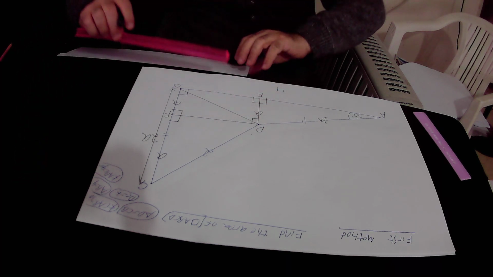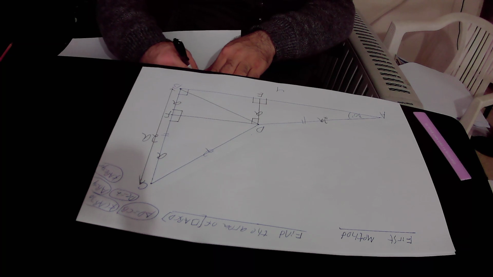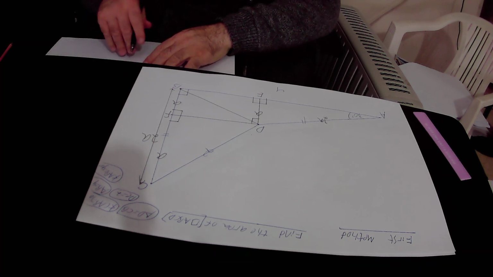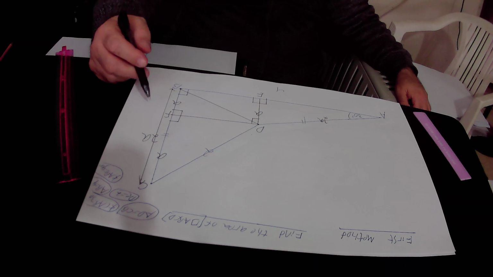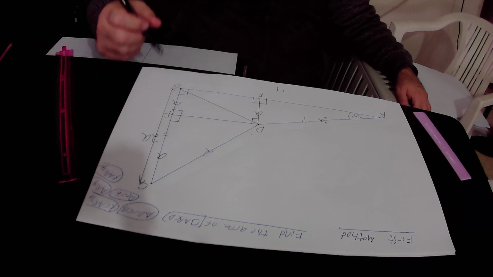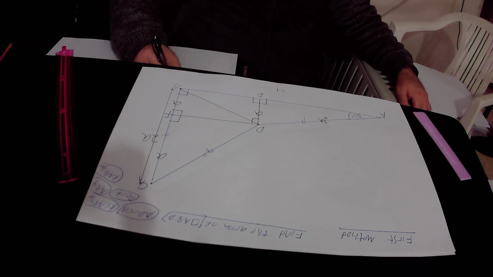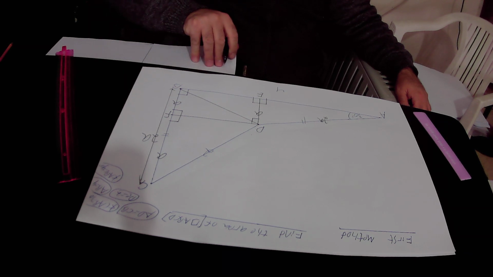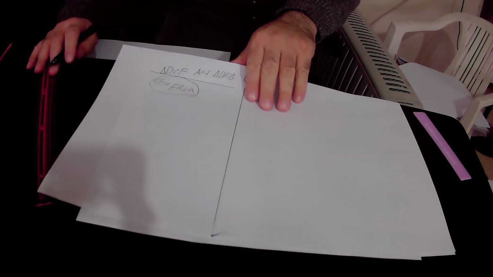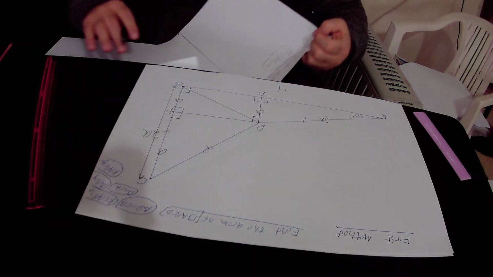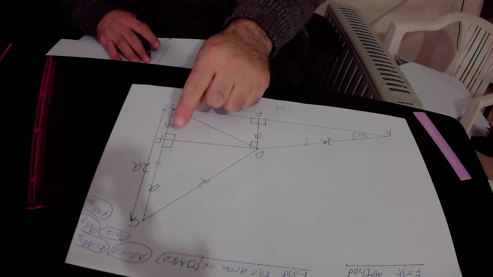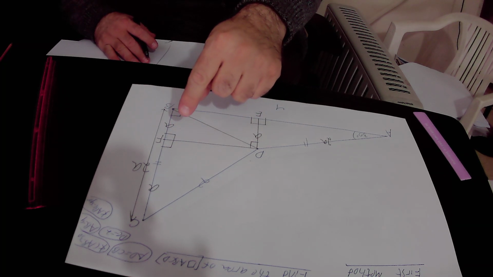So why are those two triangles congruent to each other? First of all, you know that CF equals FB equals A. We also know that those two angles are equal to each other, they are both equal to 90 degrees.